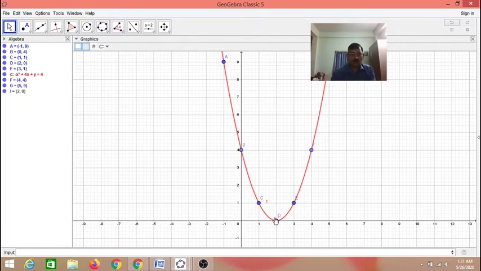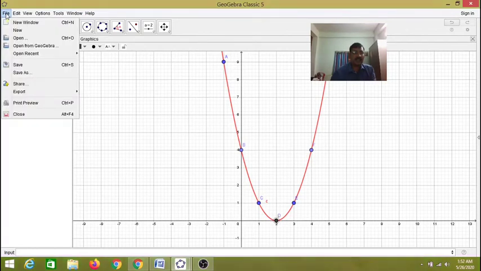Here 2 comma 2 means the two zeros are real and equal. Here you can see it is 2 comma 0, meaning the two zeros are 2 and 2. The two zeros are equal in this case, right? This is the next one.